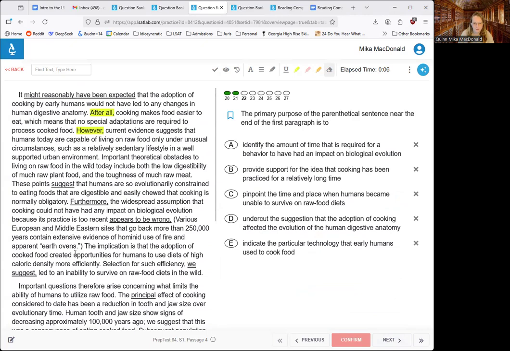Why mention earth ovens? So again, this is a purpose question, which means we need to think about the context above and below.